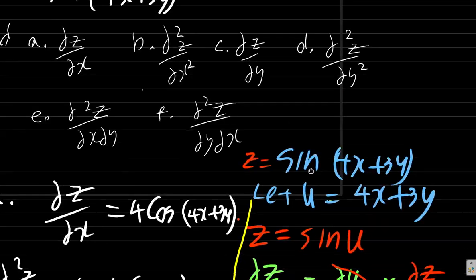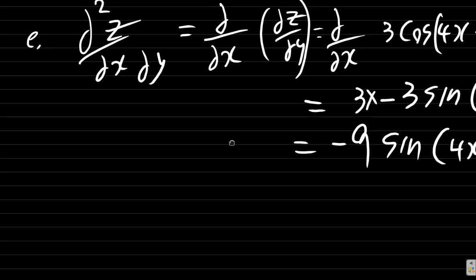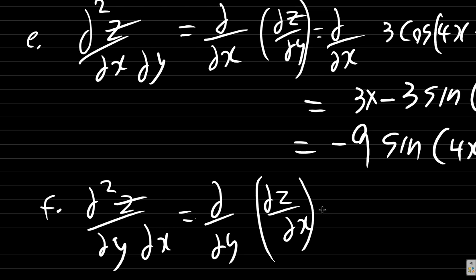And then for F now, we're going to find del squared z by del y del x, which means del by del y of del z by del x, right?